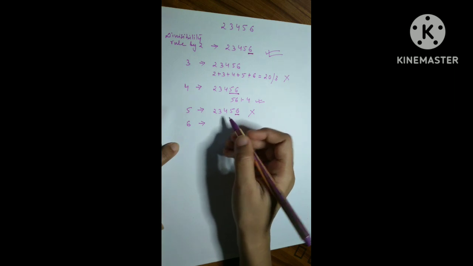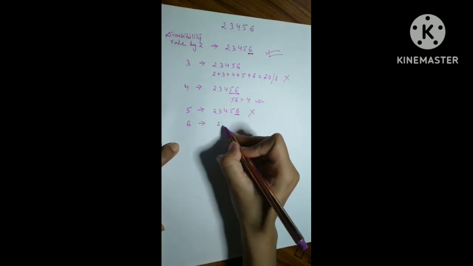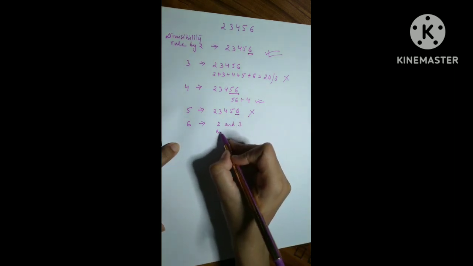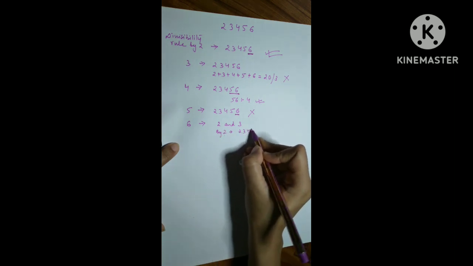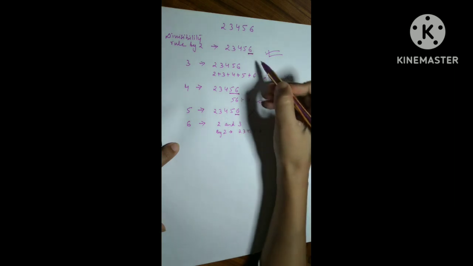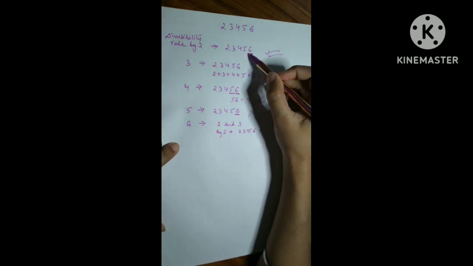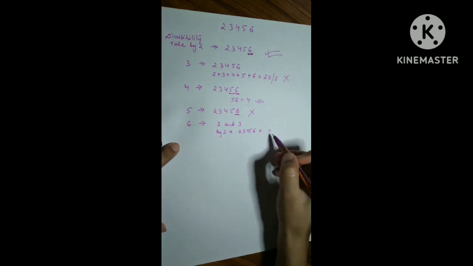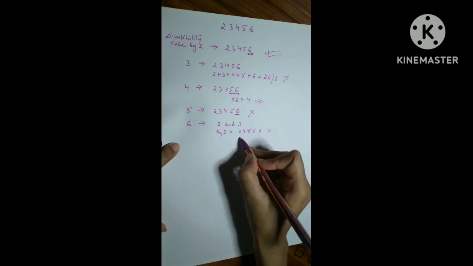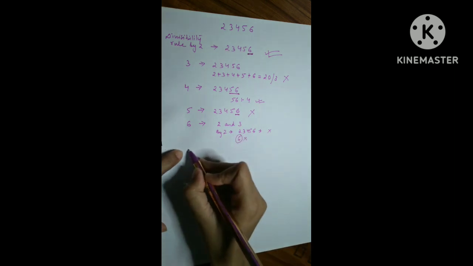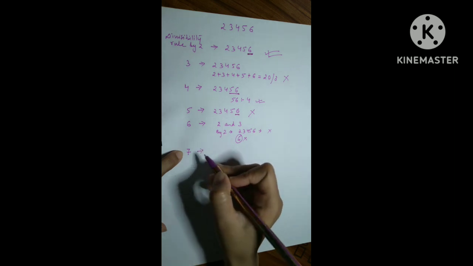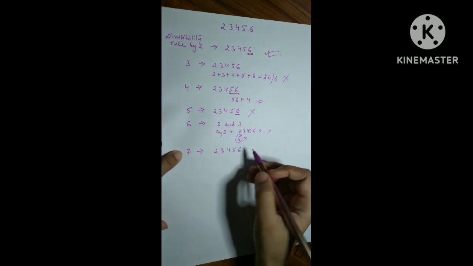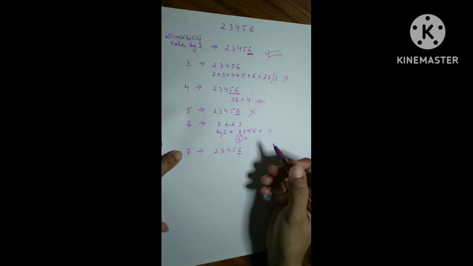Divisibility rule of 6 says it has to be divided by 2 and 3 both. By 2, yes, it is getting divided by 2 because it is an even number, but it isn't getting divided by 3. So if one condition fails, it won't get divided by 6 either. 7 says remove the last digit and multiply it by 2.